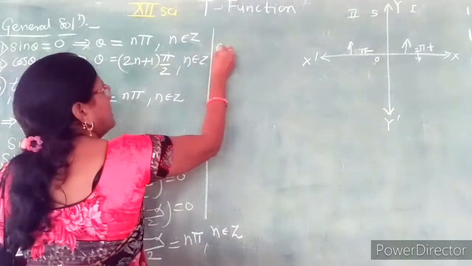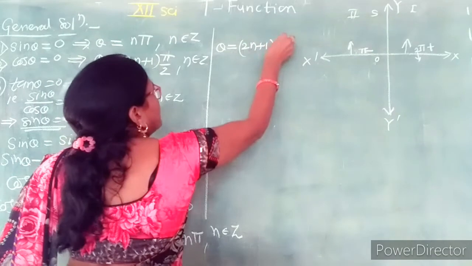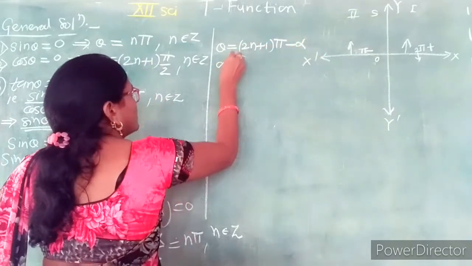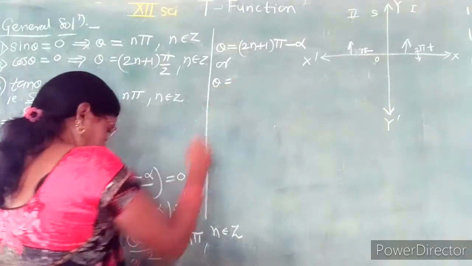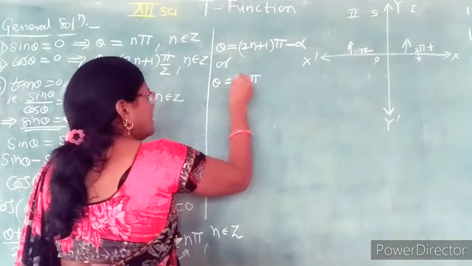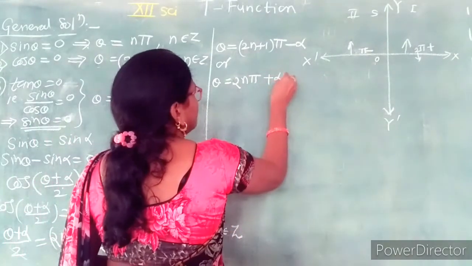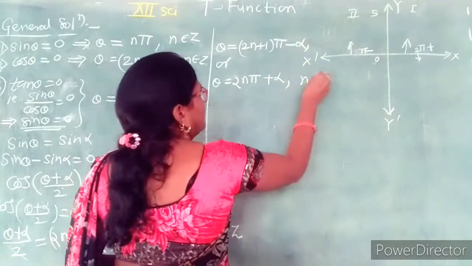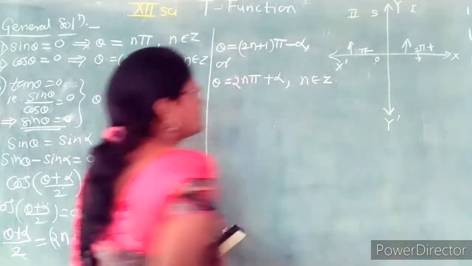We get the value of theta equal to (2n plus 1) times pi minus alpha, for the first condition. For the second condition, theta minus alpha is equal to, this 2 is multiplied to the right side, 2n pi, and alpha becomes plus. So theta equals 2n pi plus alpha. For both conditions, n belongs to Z. See, this condition is followed by the function.